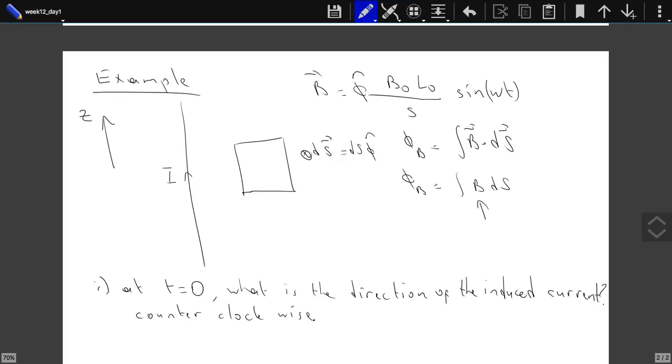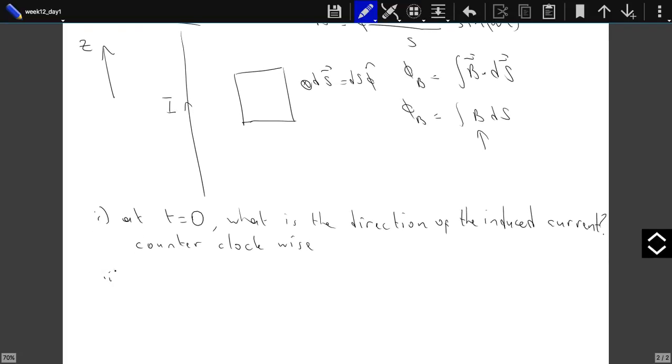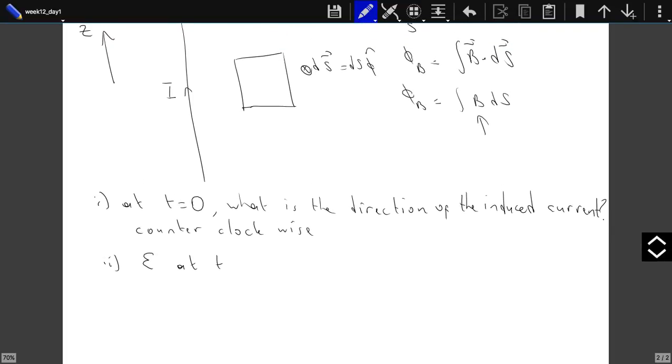So let's calculate at an arbitrary time the EMF. Or before that, let's do something else. Let's say this is our V, for V equal to 0.